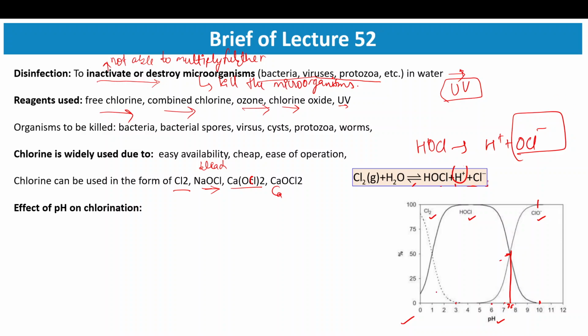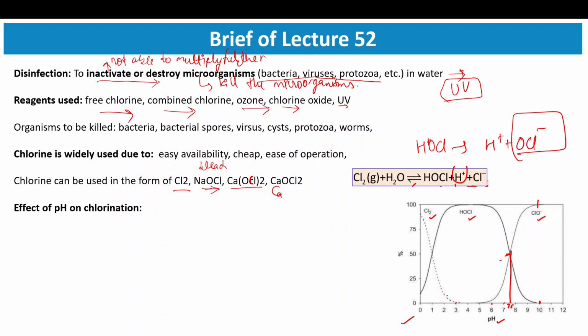Because chlorine is a gas, its solubility and its speciation, the form in which it is present in water, depends on conditions like temperature and pH, right?